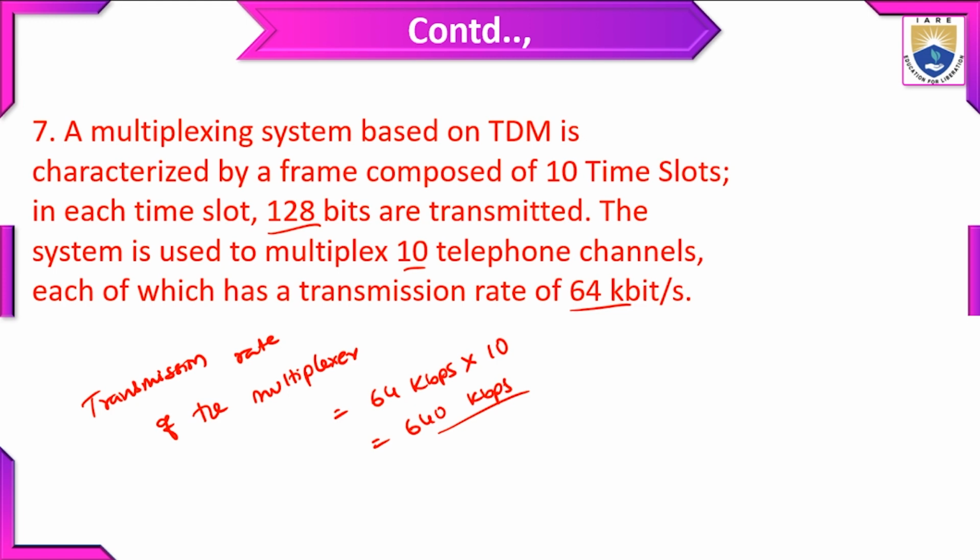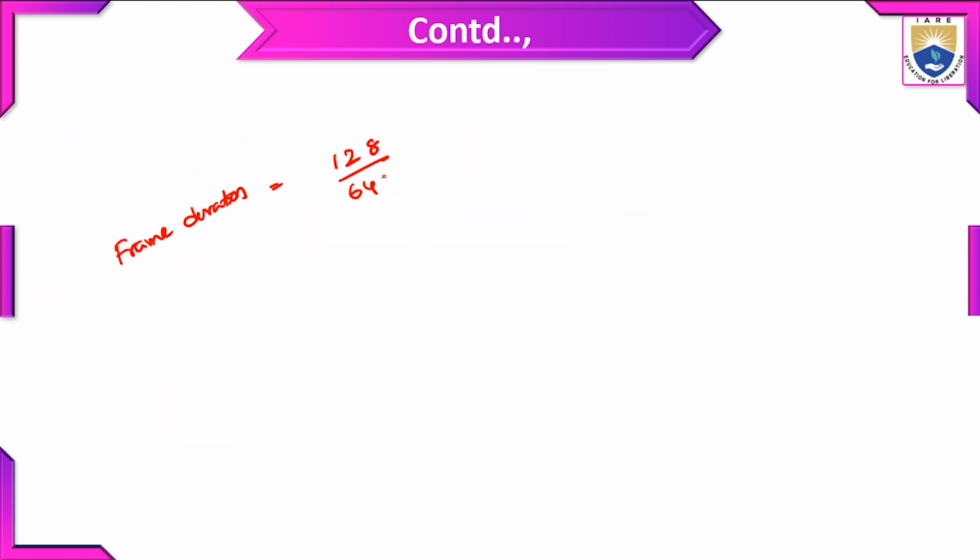So 128 divided by 64 kbps gives 2 milliseconds. Why? Because the denominator has kilobits per second, so this kilo goes to the numerator and it becomes milli. So the frame time is 2 milliseconds only.